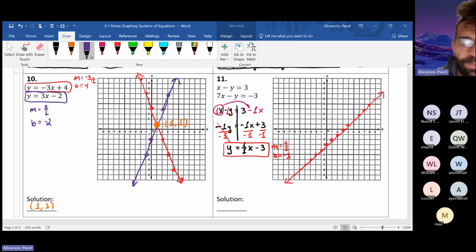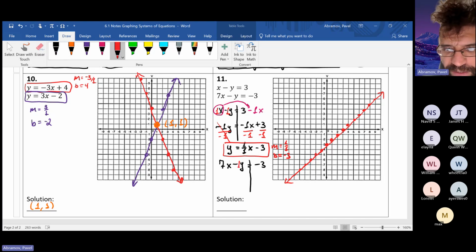Now for our purple line, we have to rewrite the equation as well. So we have 7x minus y equals -3. And once again, we want to put 1 in front of y. So we're taking this 7x and moving it over.